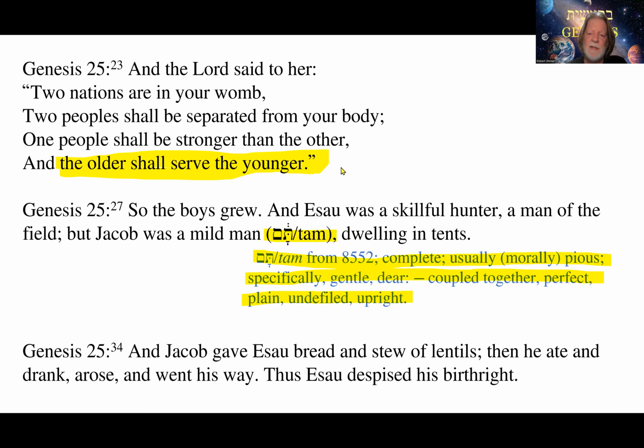So I've tried to make a good case for him being a tam, a righteous man. And I don't even know if I've convinced myself, but I've made an effort to do that because I think the Bible depicts Jacob in a positive light, probably much more positive than I traditionally have done.